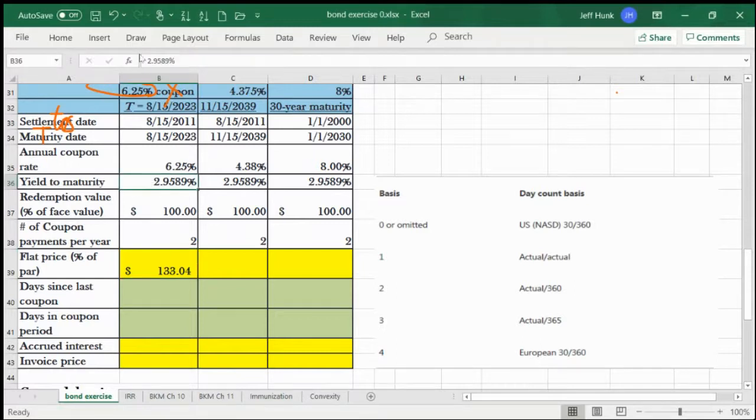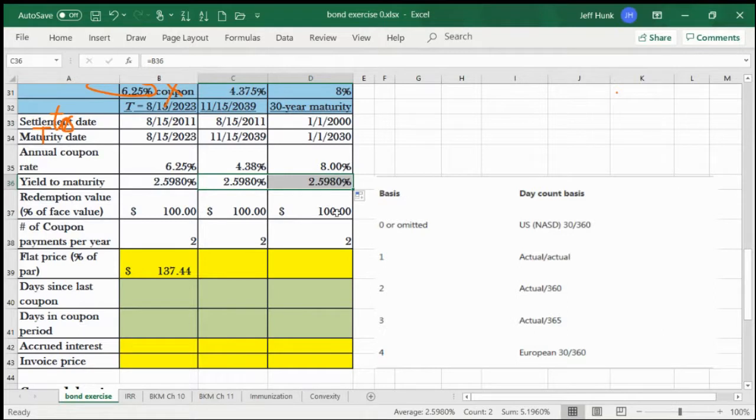Oh, I made a mistake here. 598%. Okay. So the yield to maturity was slightly off because I misentered.